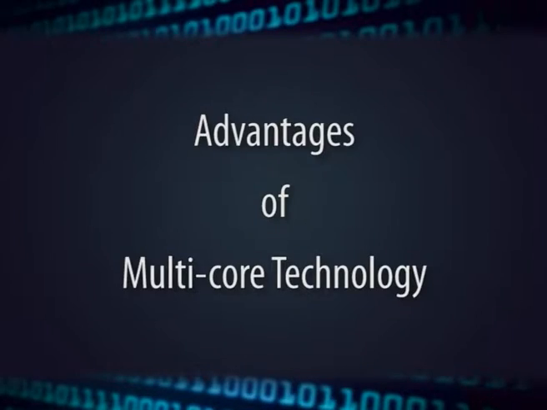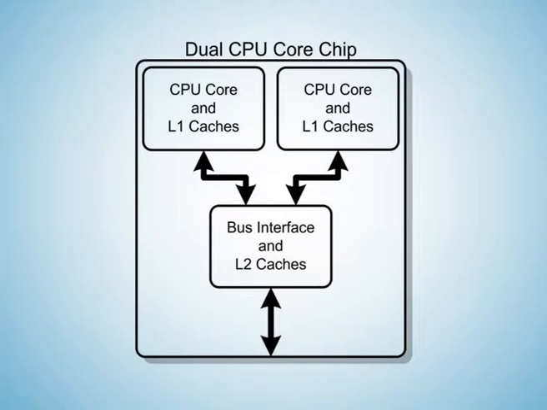Next, we discuss the advantages of multi-core technology. The first advantage is that the proximity of multiple CPU cores on the same die allows cache sharing to operate at a much higher clock rate than is possible if the signals have to travel off the chip, from one chip to another.